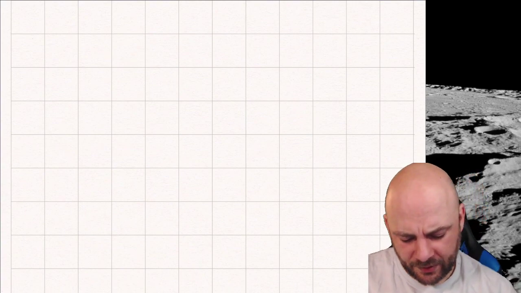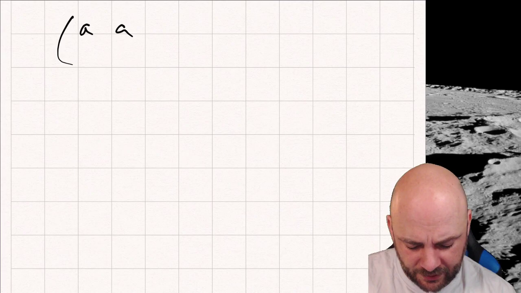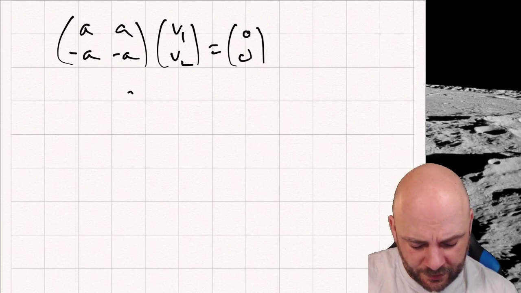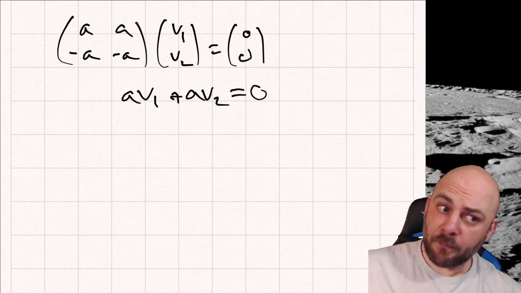Okay, try to find the eigenvector corresponding to A, negative A, A, negative A times V1, V2 equals 0, 0, and you get A V1 plus A V2 equals 0.